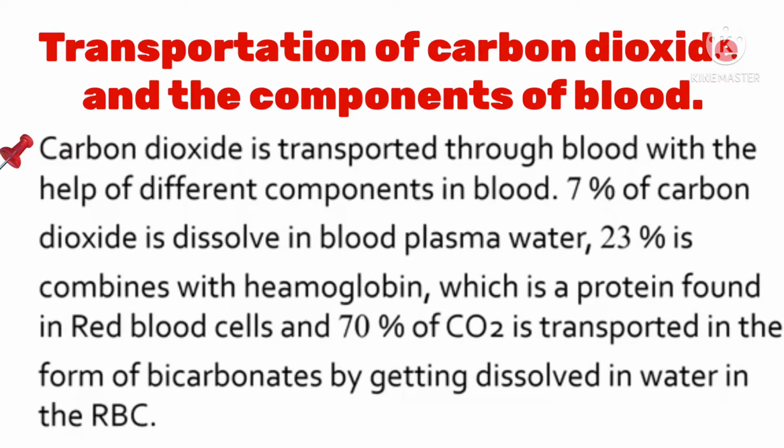Carbon dioxide is transported through blood with the help of different components in blood. 7% of carbon dioxide is dissolved in blood plasma water. 23% is combined with hemoglobin, which is a protein found in red blood cells, and 70% of carbon dioxide is transported in the form of bicarbonates by getting dissolved in water in the RBC.